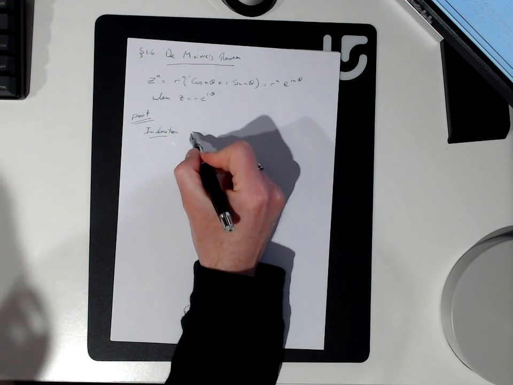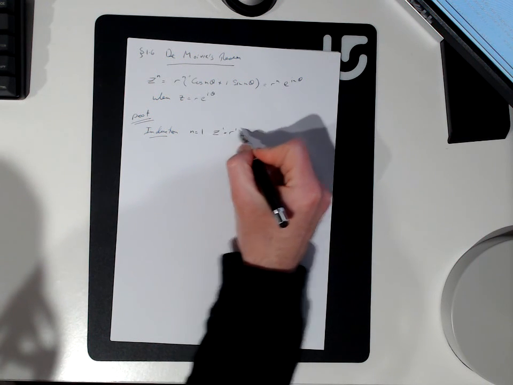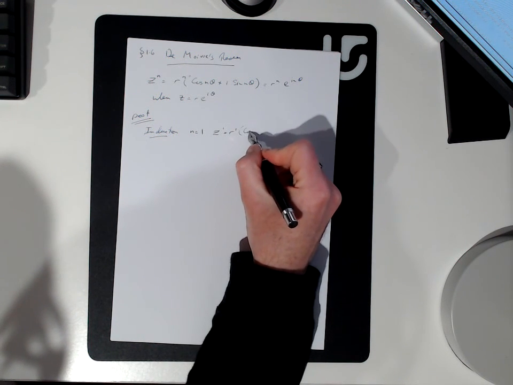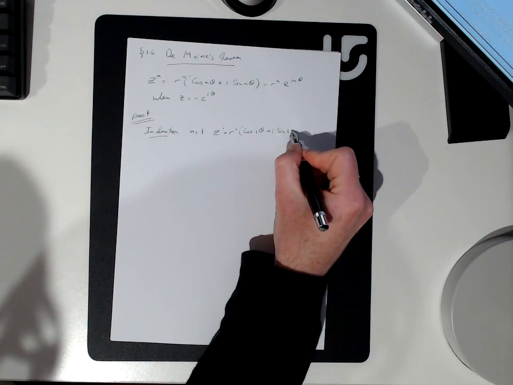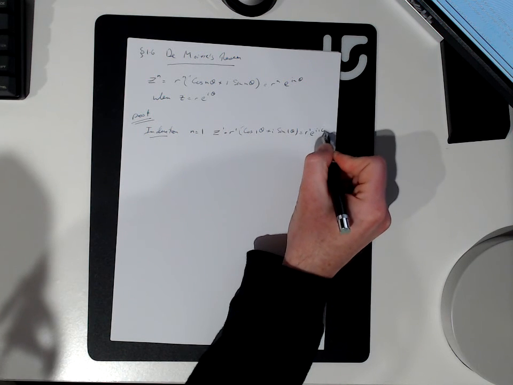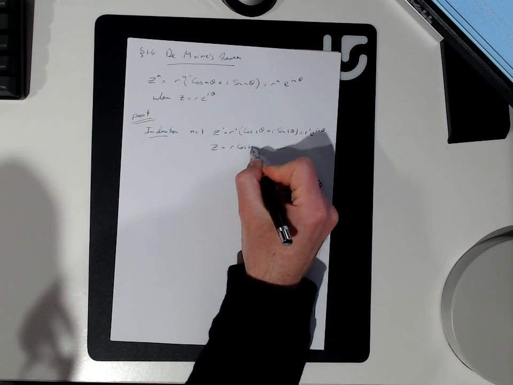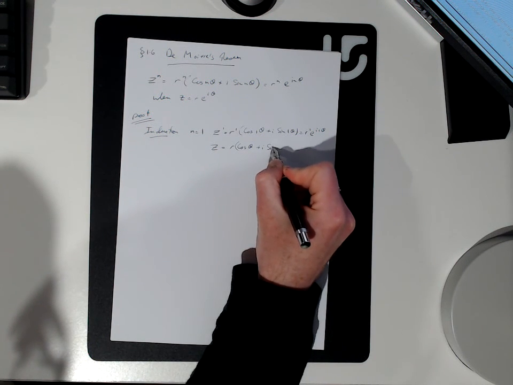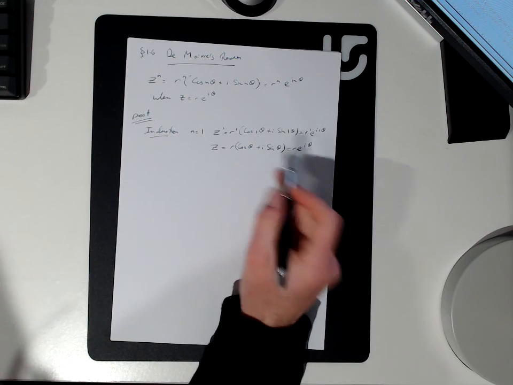Okay, so the n equals 1 case: z to the 1 equals r to the 1 times cos 1 theta plus i sine 1 theta, which equals r to the 1 e to the i 1 theta, which of course is z equals r cos theta plus i sine theta, which we know is true by definition.